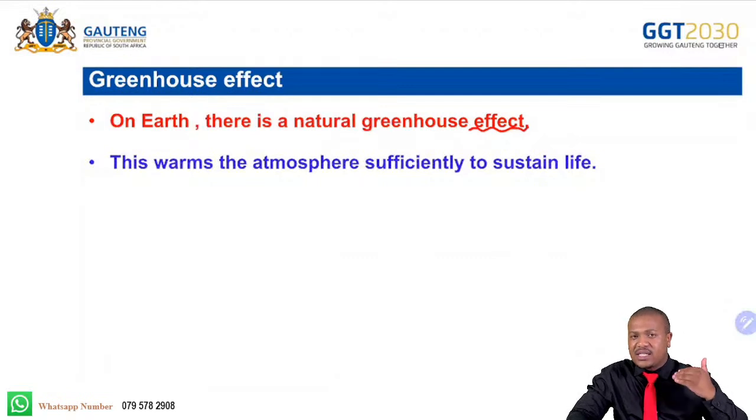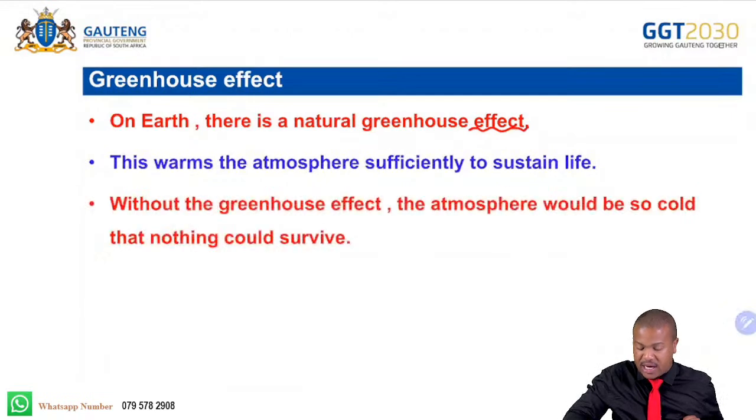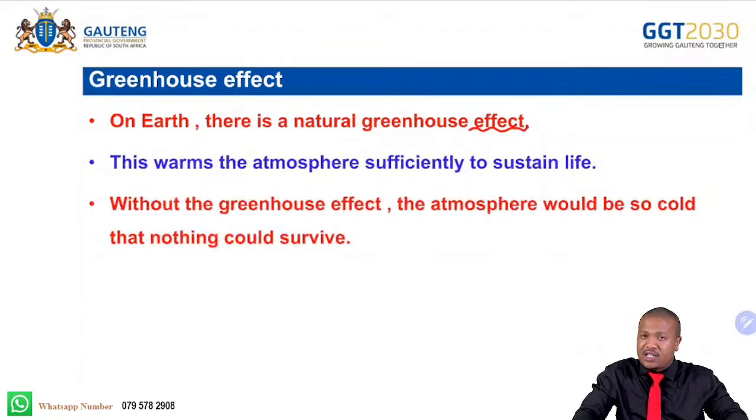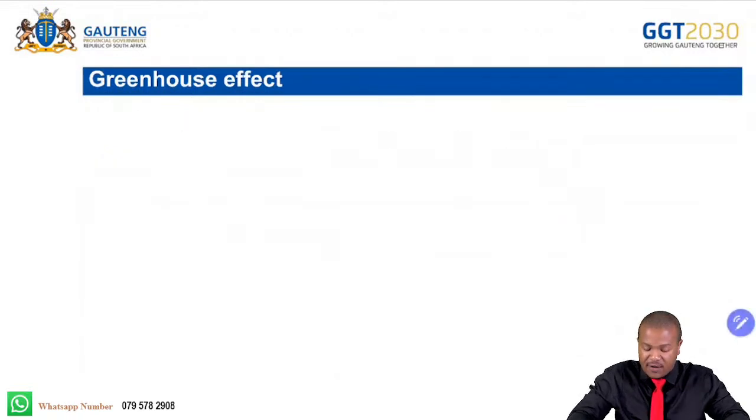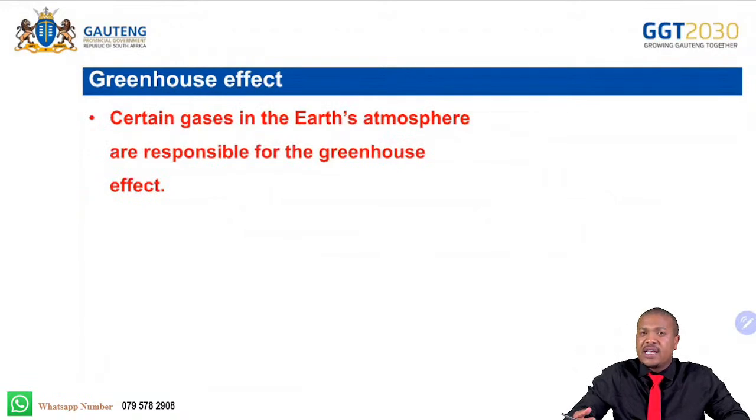When we are saying to sustain life, it means to keep us living and surviving also throughout the different weathers. Are we together? So without the greenhouse effect, the atmosphere would be so cold that nothing could survive in it. So it is a warming effect that helps us to sustain life.